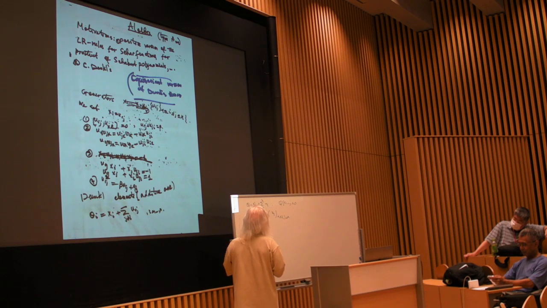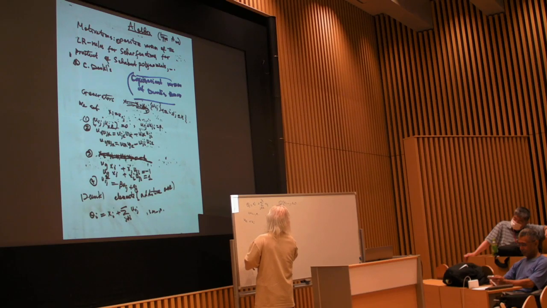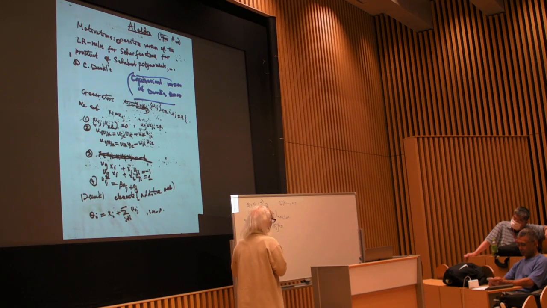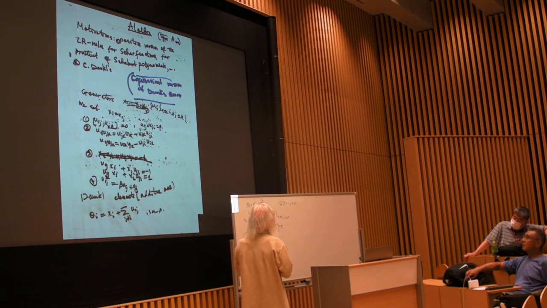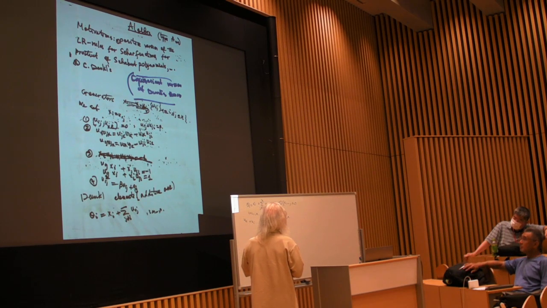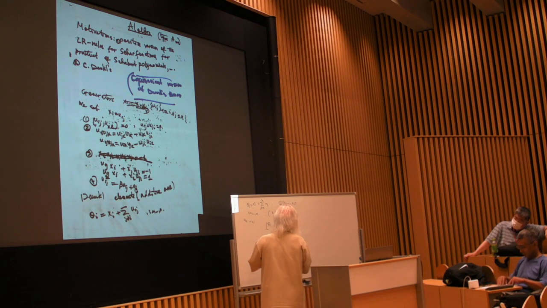what is the relation? Naturally, theta i and theta j should commute. And this is what I call additive Dunkl elements, because there is an extension for multiplicative Dunkl elements a bit later. So I want that they commute.